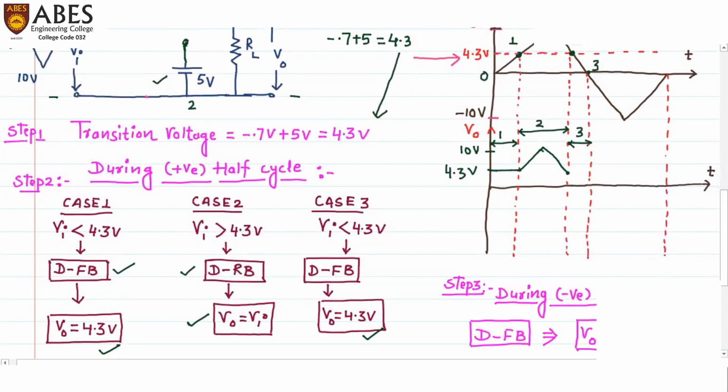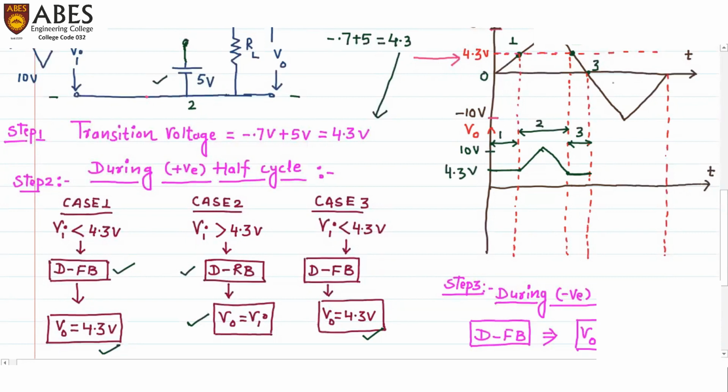So these two lines correspond to case number 3, in which I need to draw the output voltage equal to 4.3 volts. So this will be the output during case number 3. So this is the complete output during the positive half cycle.